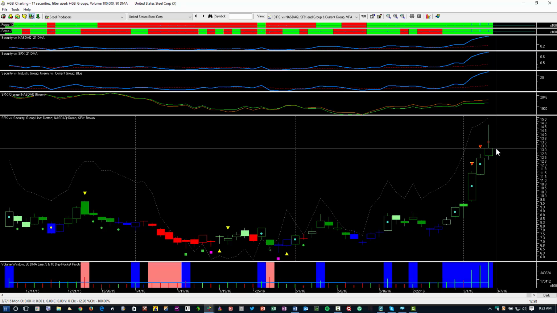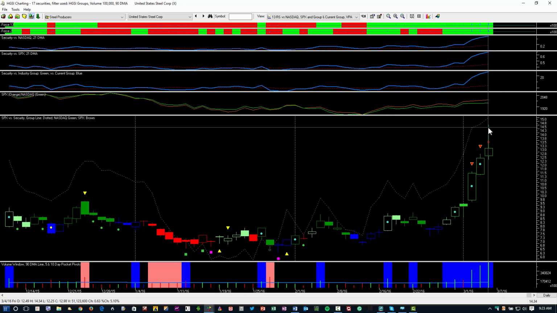It closed down near 13. Well, here, look down in the corner here. The open was 12.49. The high was 14.54. The close was 12.25, and it had a huge sell-off. So that's going from strong to weak in one day.